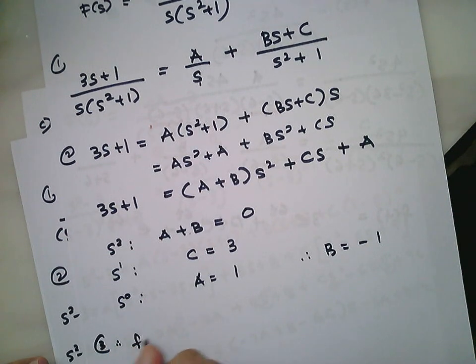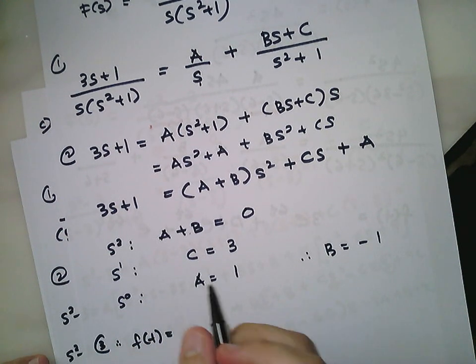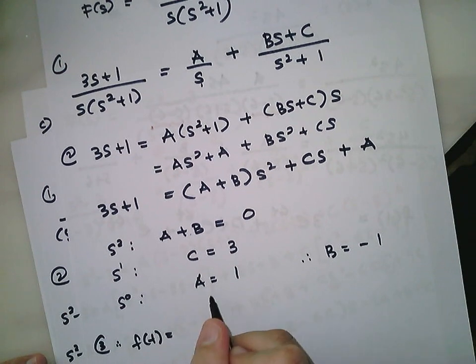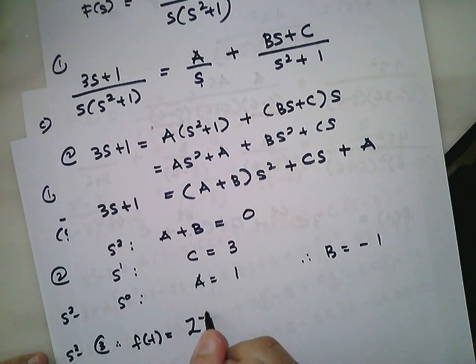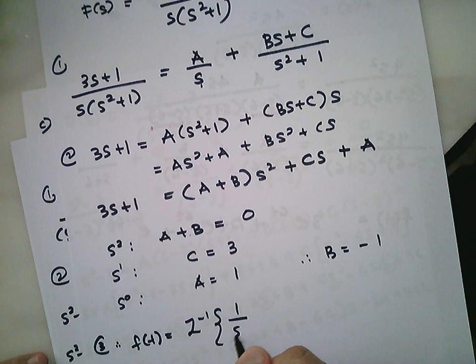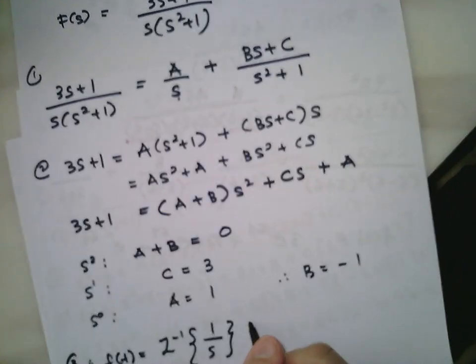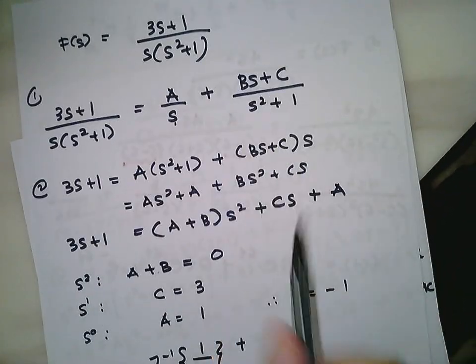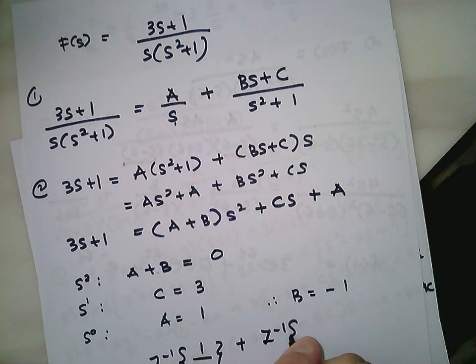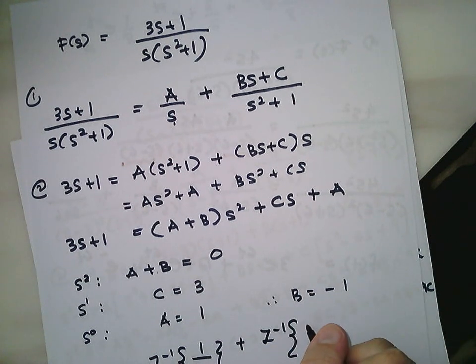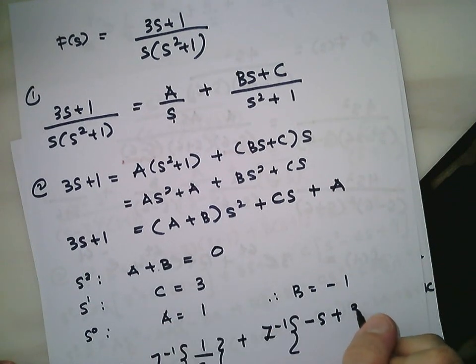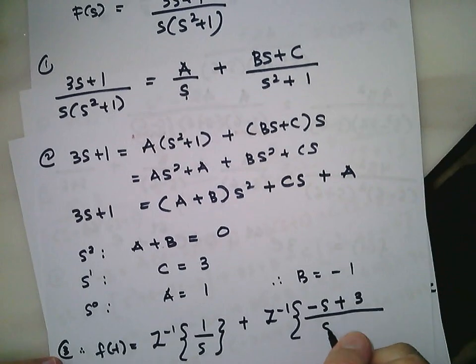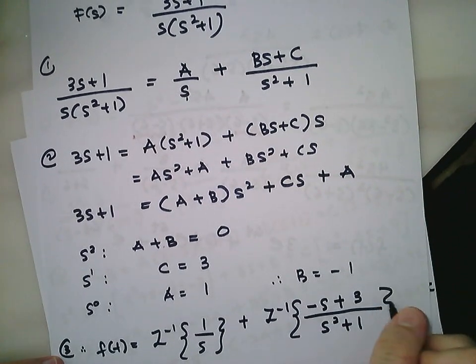So therefore your f(t) is equal to, what is your A? A is equal to 1, so you just have to find the inverse of 1 over s, plus, as you can see here, your B is equal to -1, so you will have negative s, plus your C is equal to 3, over s squared plus 1.